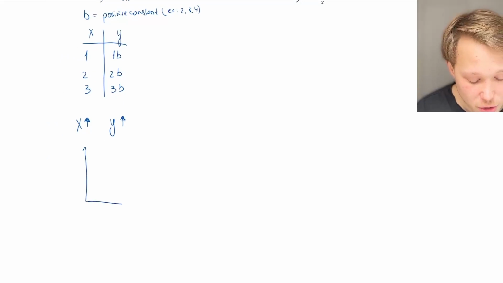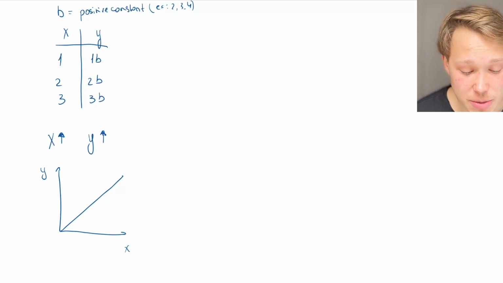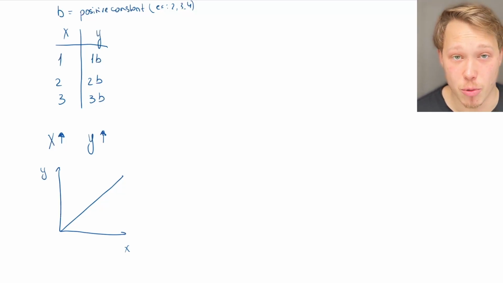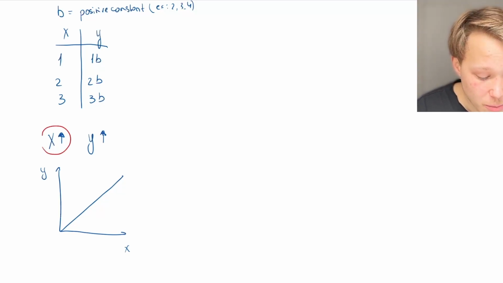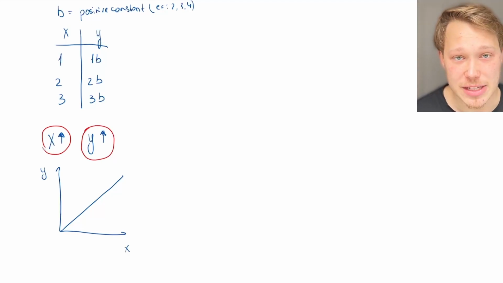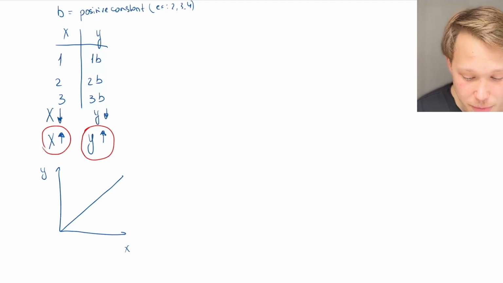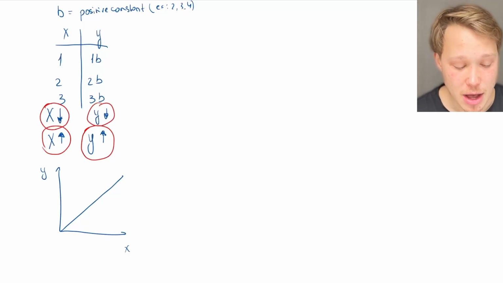It's just going to be a graph of a positive line, so we call this a linear relationship. A linear relationship, or directly proportional, is when one variable increases, the other variable will increase as well. So they have the same behavior. Similarly, if x had decreased, y would have decreased as well.